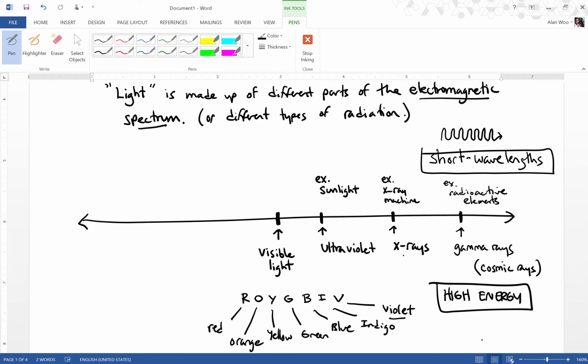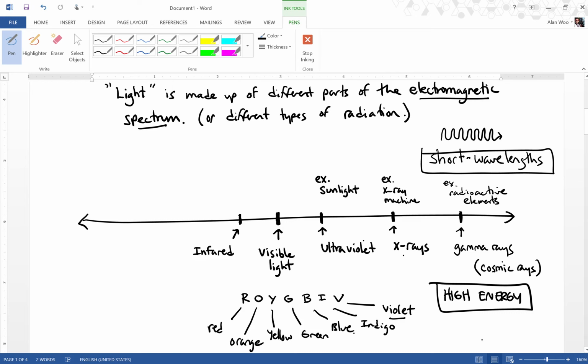So if we go on the opposite end, okay, we're heading towards the longer wavelengths. The one that is right before visible light is something called infrared. Okay.